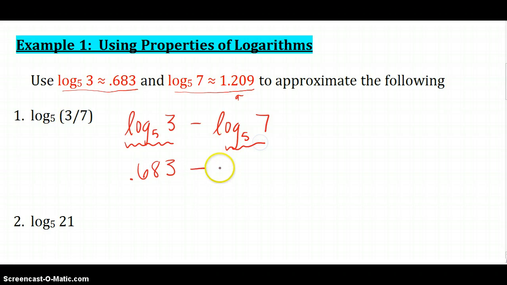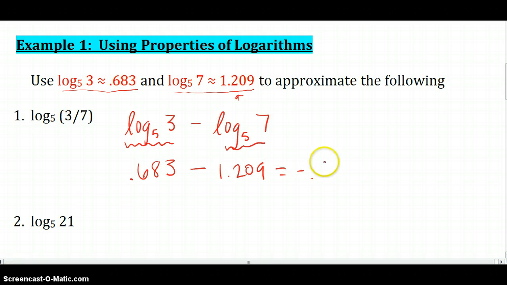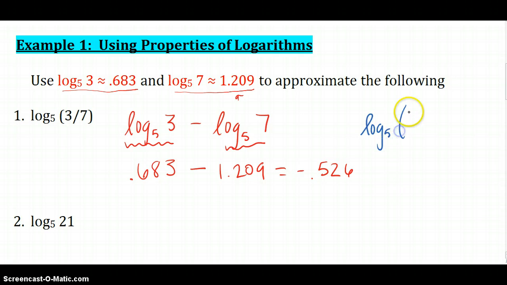So this is about 1.209. And if I subtract that, I get negative 0.526. So log base 5 of 3 over 7 is approximately negative 0.526. Pretty simple.